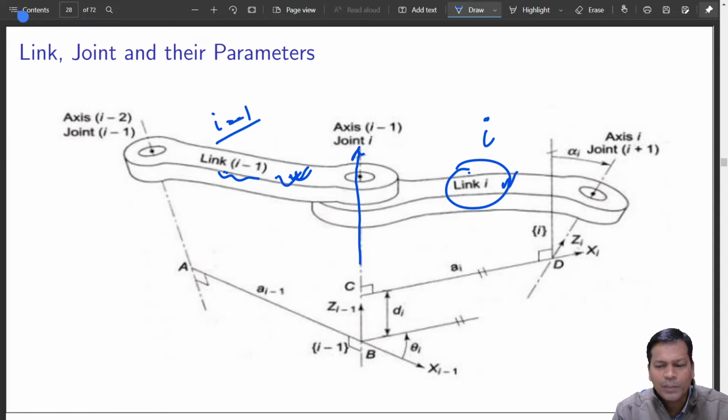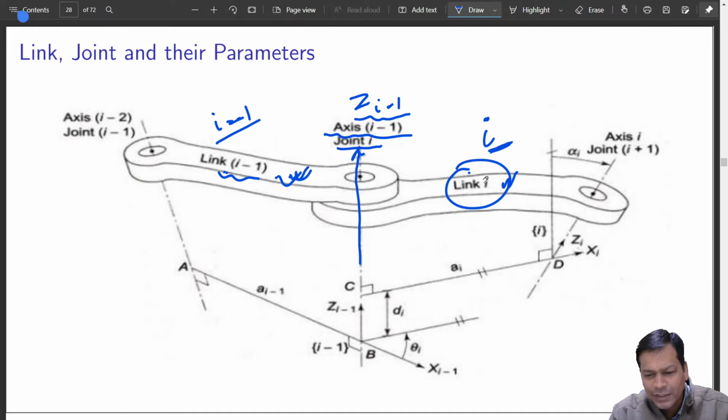Normally the DH parameter convention follows that you put all the joint axes along the Z axis. So this is Z i minus 1. Z i minus 1 is the axis about which the ith link will rotate.